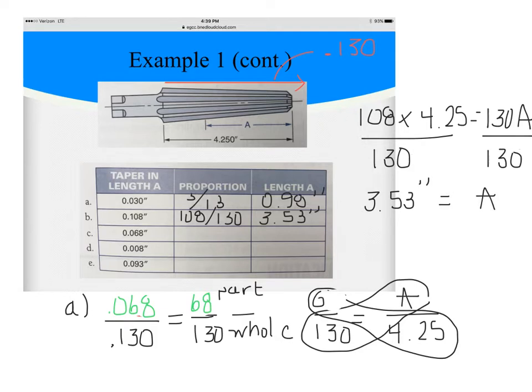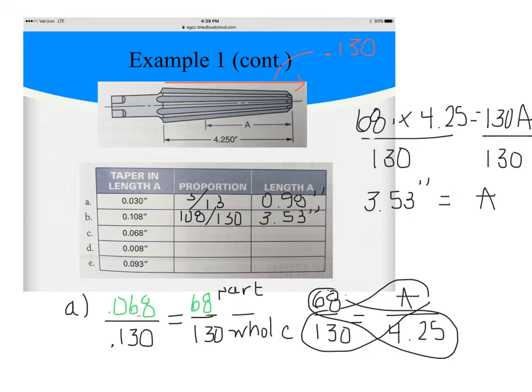So now we're going to take that part over the whole again, not 108, but rather 68 over 130. And we're going to set it equal to the part over the total in terms of the length, A over 4.25. So our cross products have to be equal again, so 68 times 4.25 has to equal 130A. To get rid of the 130 with the A, we have to divide both sides by 130.